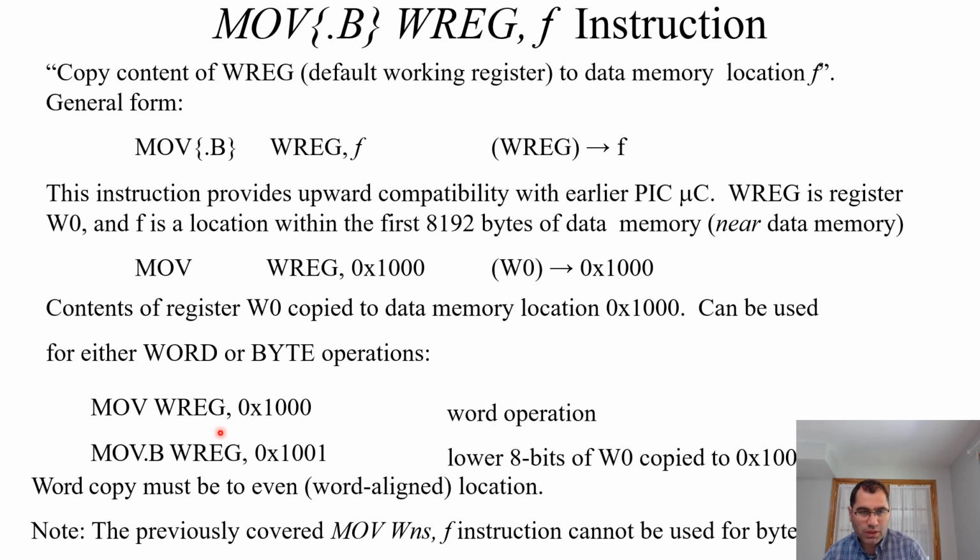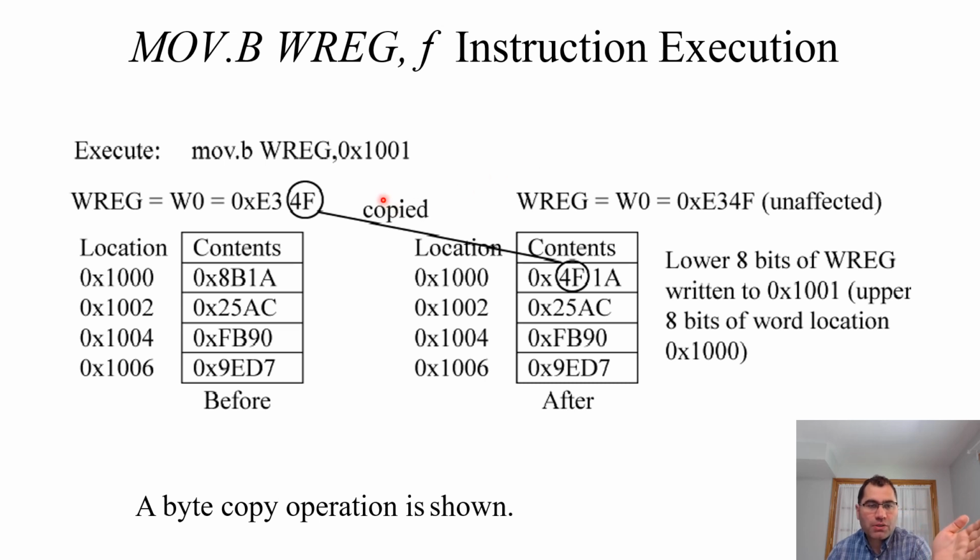Remember, a word copy must be to an even address. The previous instruction cannot be used for bytes, but this instruction can.